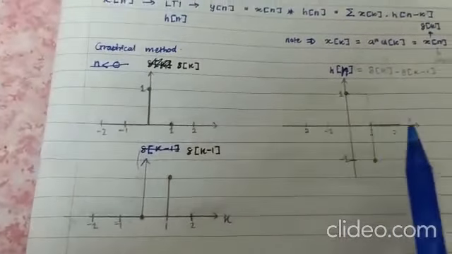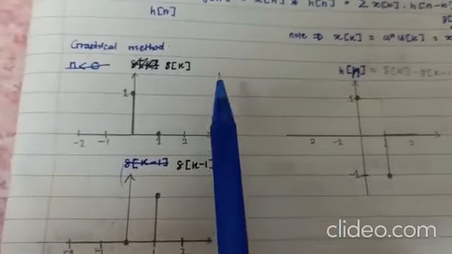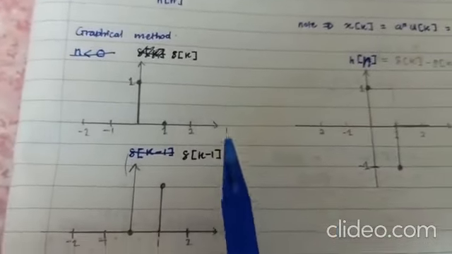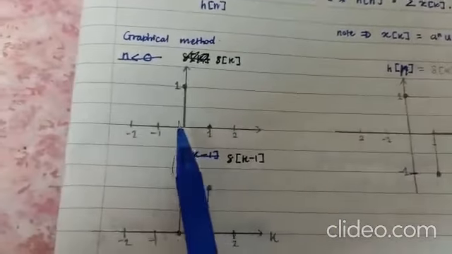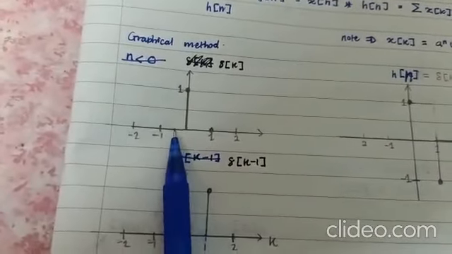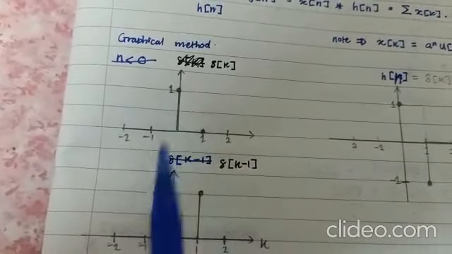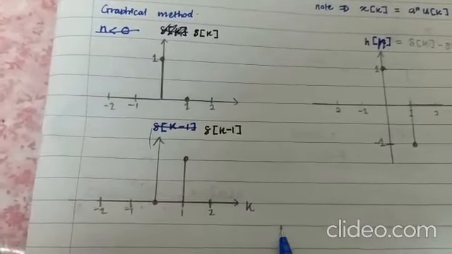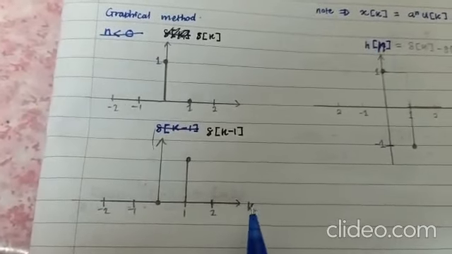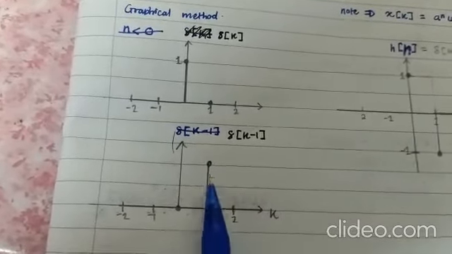So first we need to obtain the hn. hn is, like I said before, delta k minus delta k minus 1. First of all, we need to sketch delta k, which will be an impulse like this, and delta k minus 1, which is delayed by 1, so the impulse will be at 1.